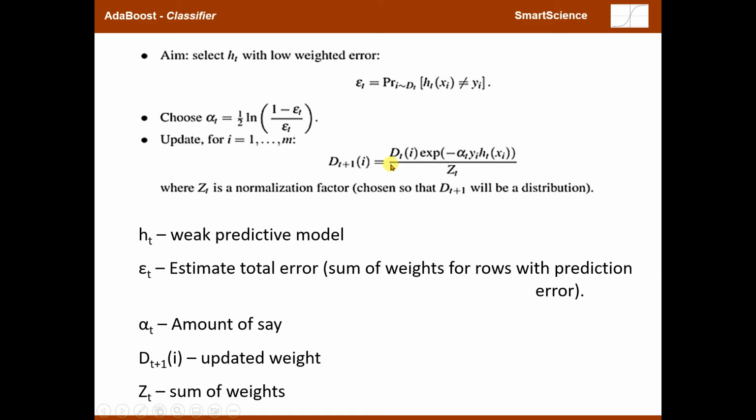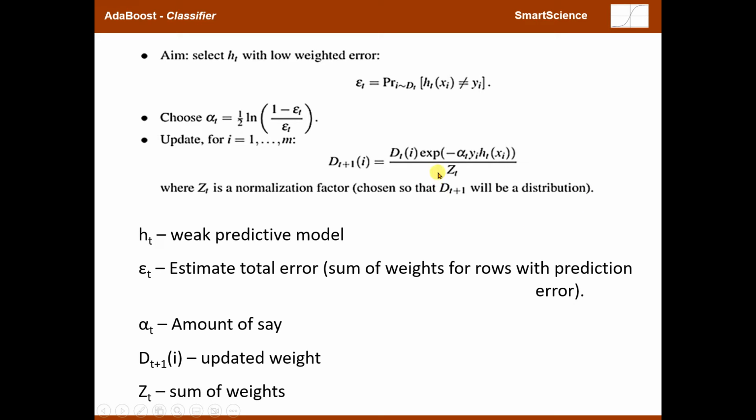And our new weight will be larger when our prediction is wrong. That means it will become exponential of 0, which is 1, and we will get that original weight back. Alright, so that is how this equation works. Or in other words, we are increasing the weights of those observations when our prediction is wrong.